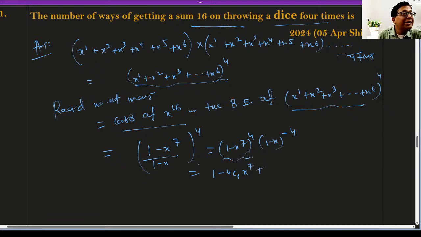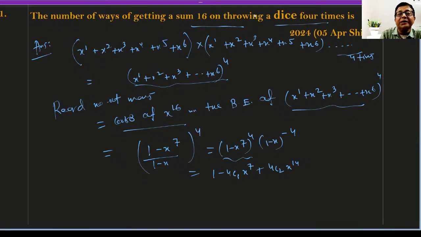This is a normal binomial expansion. 4C2 (x to the power 7) square. Do I need to proceed? No, because the index is increasing. I need 16 only, no? You must have seen that. I need 16. So this multiplied by the other factor.